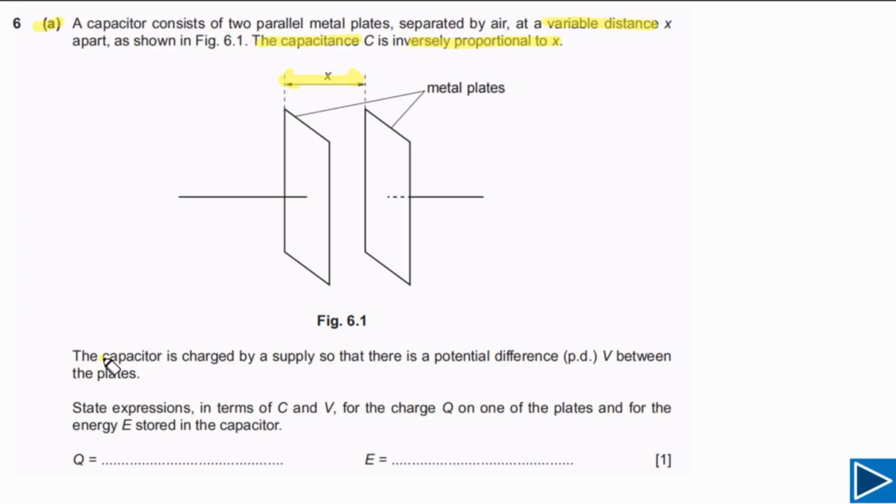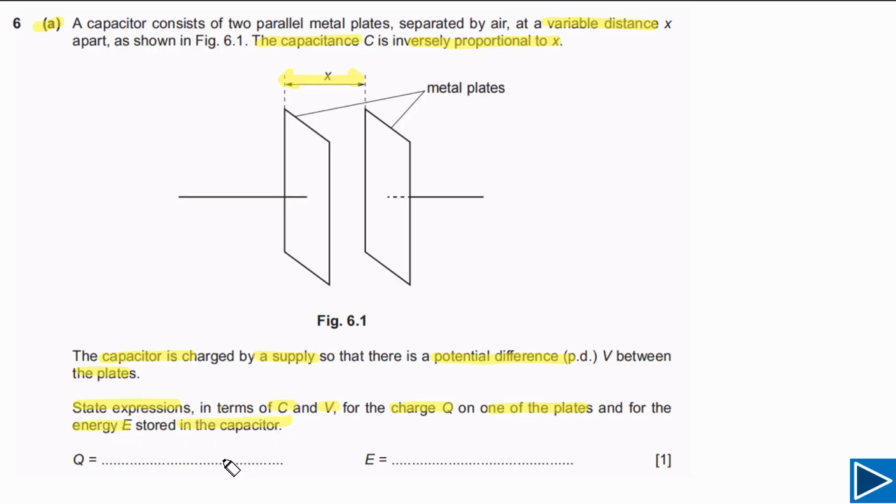It is also given to us the capacitor is charged by a power supply, and there is a potential difference V between the plates. And the question is asking us to state expressions in terms of C and V for the charge Q on one of the plates and for the energy E stored in the capacitor.